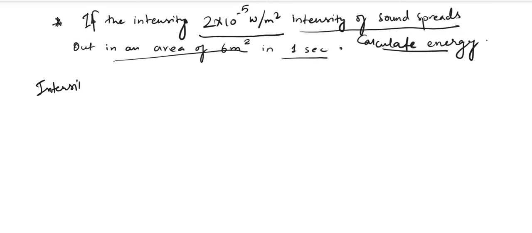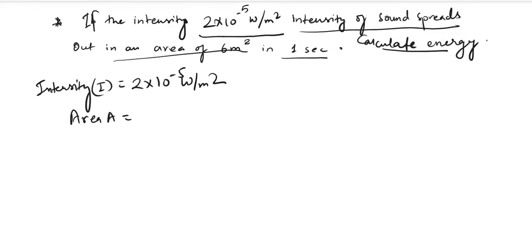Intensity I is equal to 2 into 10 power minus 5 watt per meter square. Area A is 6 meter square, and time T is given, 1 second. We have to find energy.